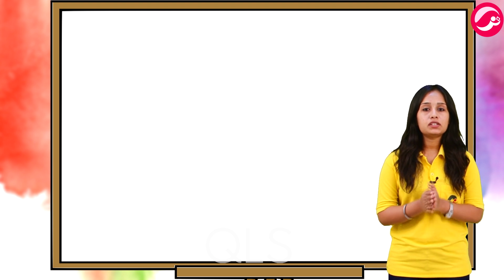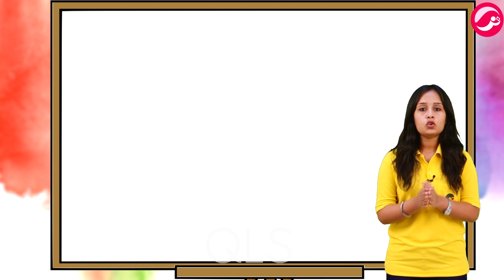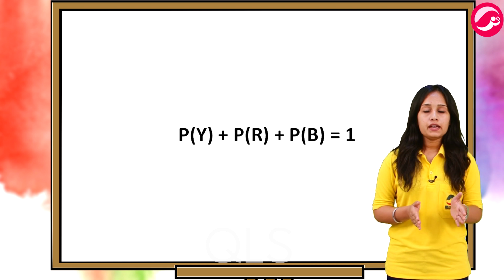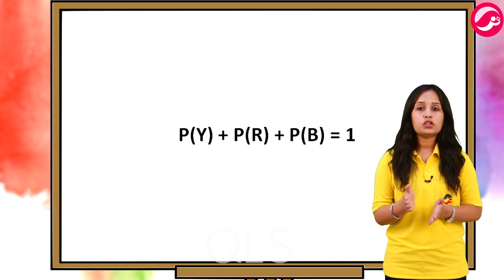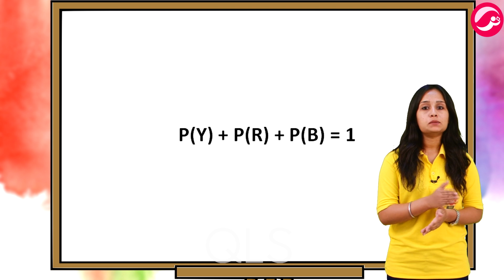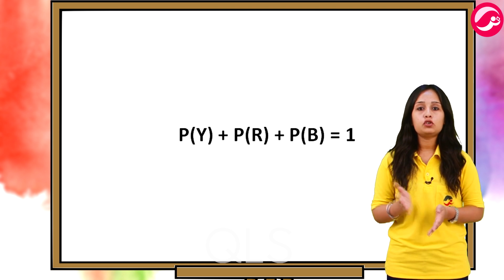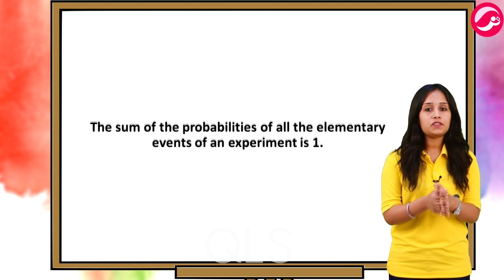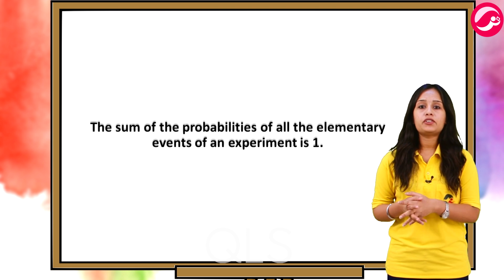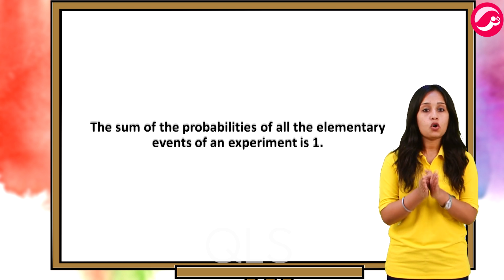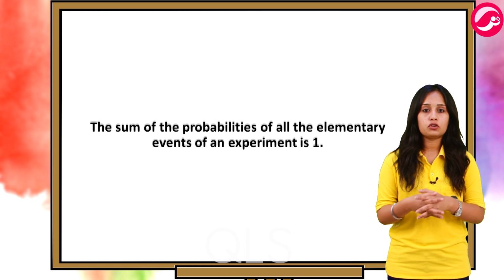In the example with the three different color balls in the bag, we note that P of Y plus P of R plus P of B, that is 1 by 3 plus 1 by 3 plus 1 by 3, is equal to 1. Observe that the sum of the probabilities of all the elementary events of an experiment is 1, always, which is true in general also.